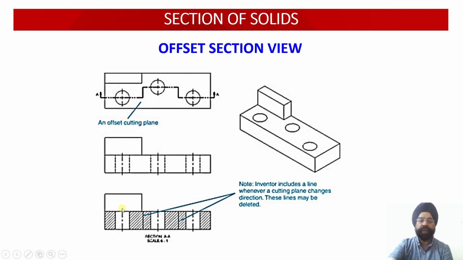In this case, through a single cutting plane, even when the internal geometries may not lie in a single line or straight line, wherever the internal cross sections vary at different cross sections, a single cutting plane through offsetting will facilitate revealing the true shape or the internal details in a single view. So this is the application of the offset section view.